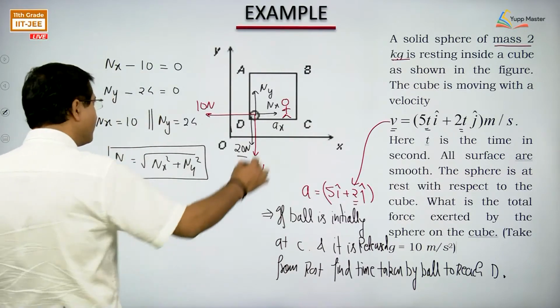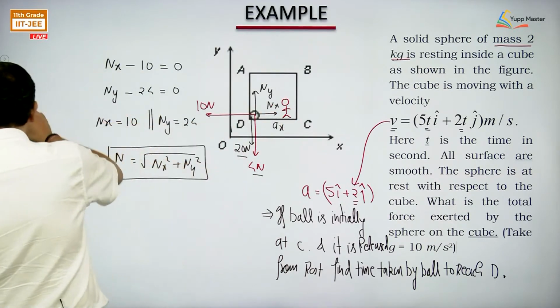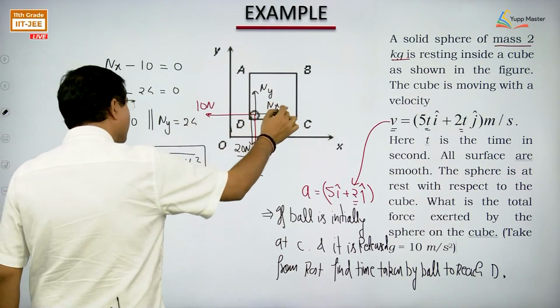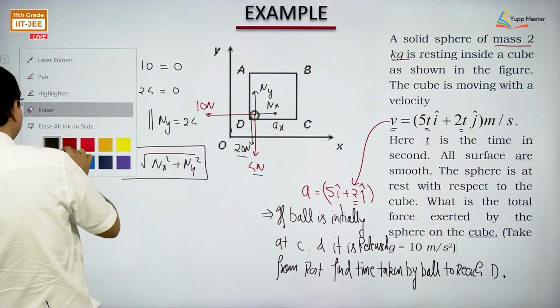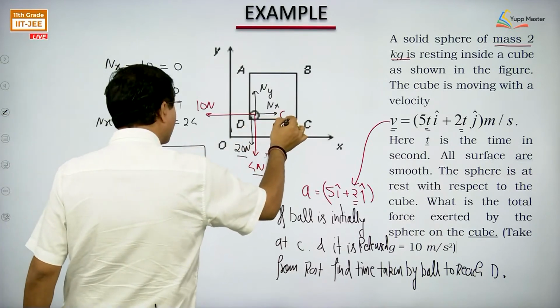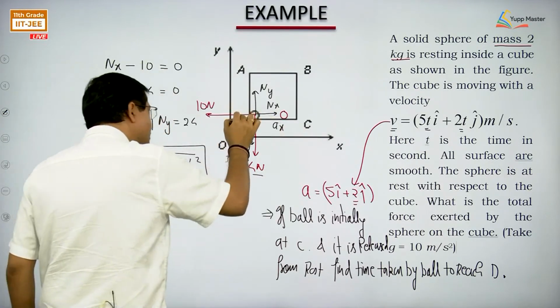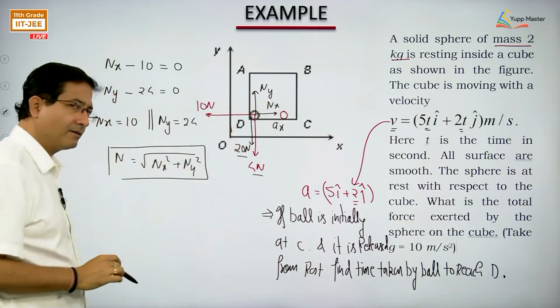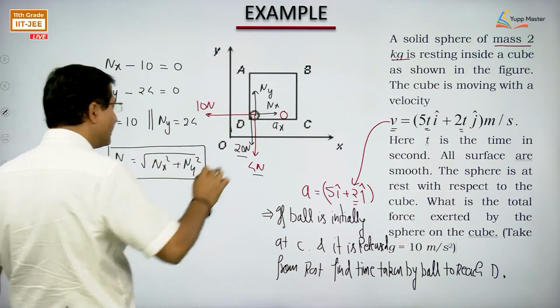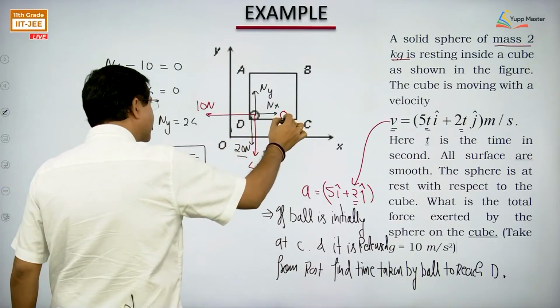So if the ball is somewhere here, then obviously this wall is not going to touch the ball. So this Nx won't be there in the free body diagram. Remaining all the forces will be as they are.